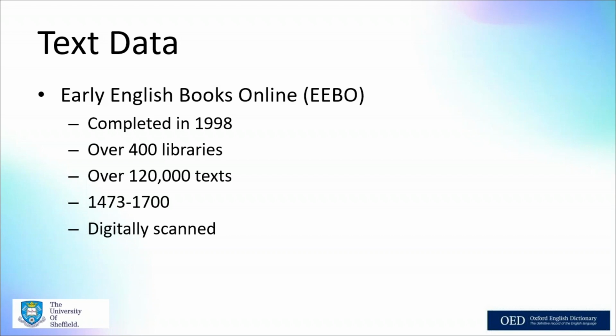The texts are printed texts that were printed generally in England and British Isles between 1473 and 1700. You'll notice that 1473 is the exception to being printed in the British Isles, because of course printing was introduced by Caxton in the British Isles in 1476. So we just have a couple of texts printed in English on the continent before 1476.